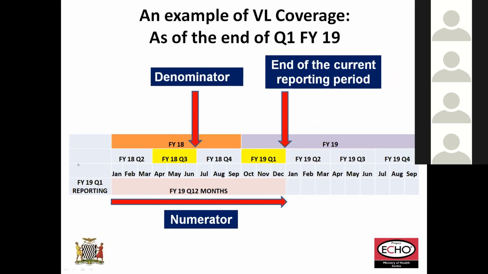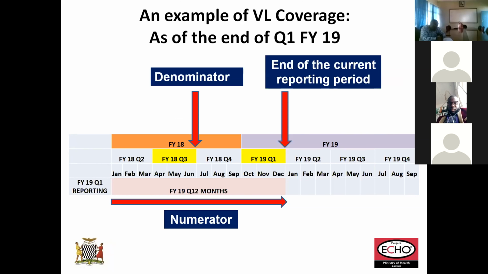That's the numerator. And the denominator is the total number of patients who have been on ARVs for at least 6 months. That means that those who started ARVs 6 months prior to today's date must be excluded from the denominator because they are not eligible for routine viral load testing.